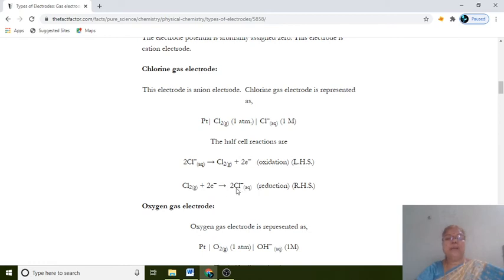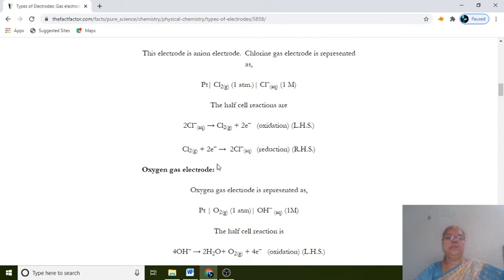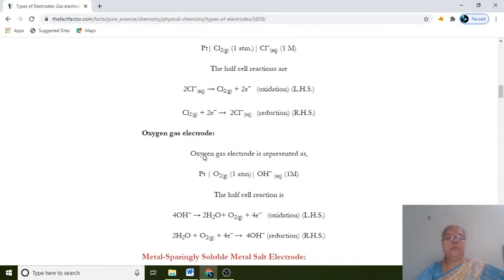Remember here Cl minus is the reduced state, while Cl2 is the oxidized state, and by using either this equation or this equation, we can write the Nernst equation for electrode potential.